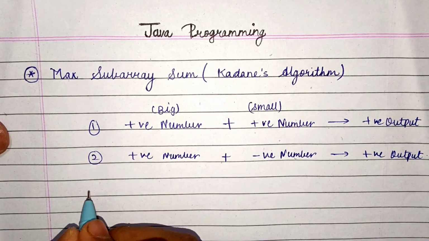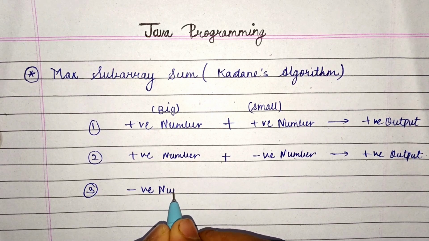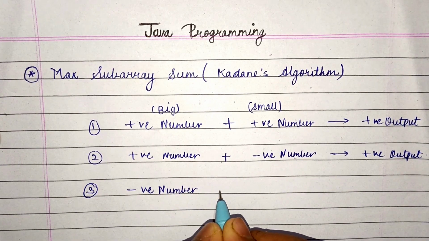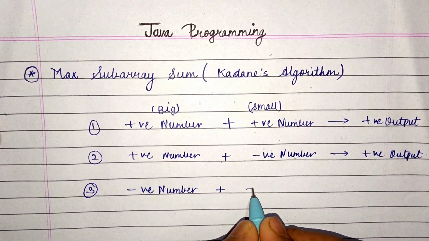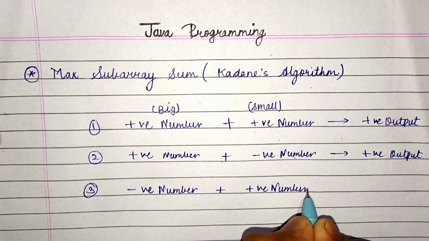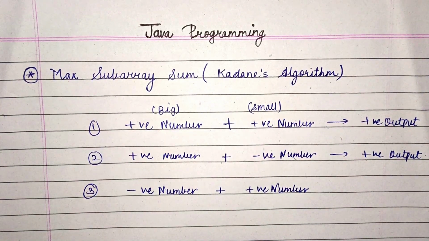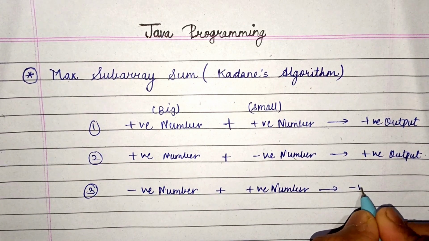Now if the big number is negative plus a small number that is positive, then the output will be negative.